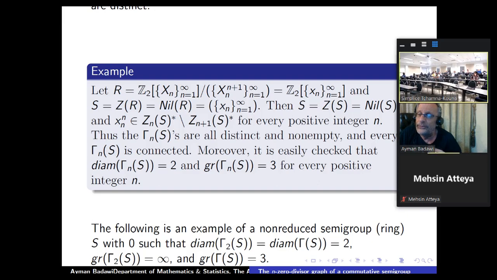Even if you read the proof, you see we are using properties and structure of rings and so on. But definitely we have a complete answer for some ring structures when the diameter is given or when the girth is given. Or maybe I should have given that part instead of this part. Anyway, it's too late.